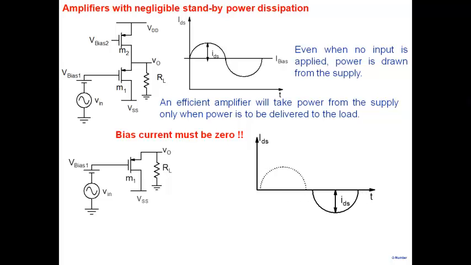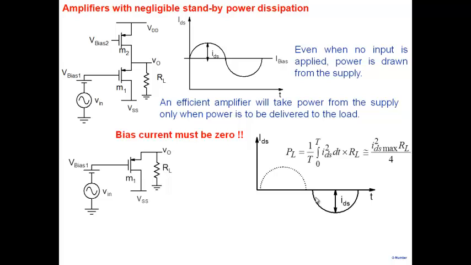It has heavy distortion. But what about efficiency? It has two positive features. One is it doesn't have any standby power. And the other one is let's calculate the efficiency of this one here. If I want to calculate efficiency, power delivered to the load will be 1 by T integral of IDS square dt.